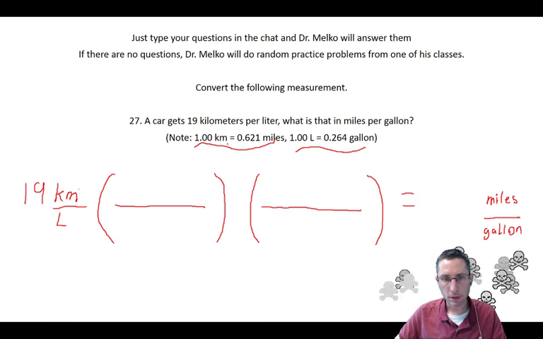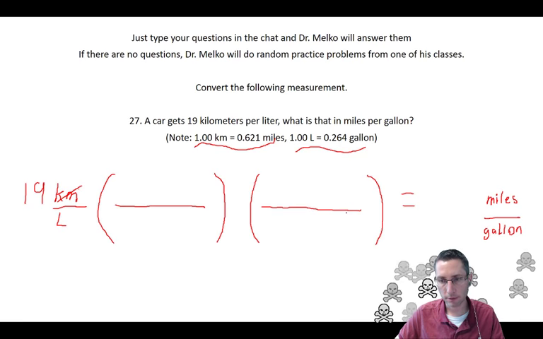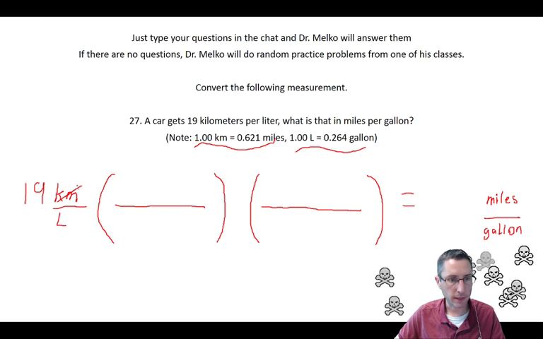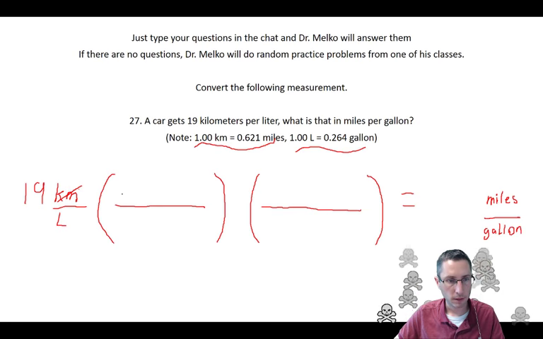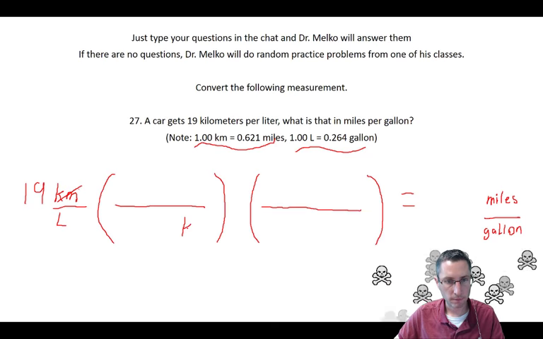It doesn't really matter which one you use first. My tendency is to immediately try to get rid of kilometers, and save the liter bit for later. If I have to get rid of kilometers, I know it needs to go down here.